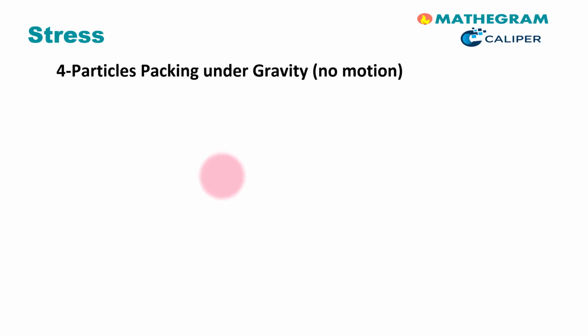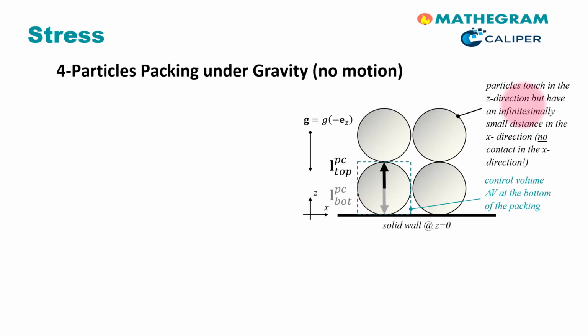The packing is static, i.e. there is no motion. On the right, I have prepared a sketch for you illustrating the setup. The particles touch in the z direction, which is the wall normal direction, and have an infinitesimal small distance in the x direction. Thus, there is no lateral contact force, but only a contact force in the z direction.